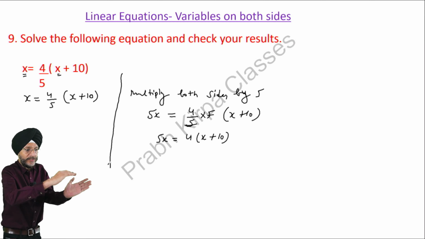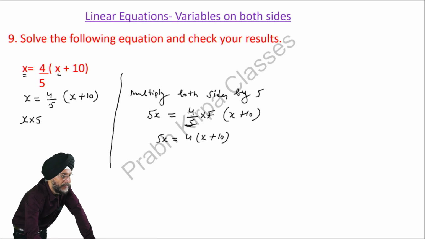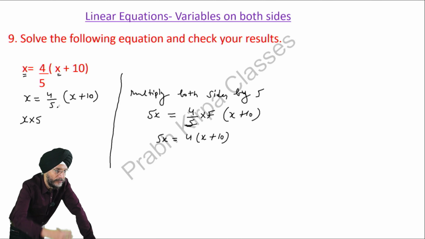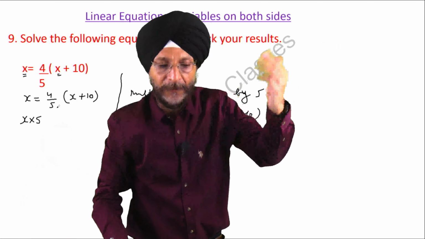Or we can simply take this 5 to the other side. When we take this 5 to the other side, it will be multiplied, because here it is on the lower side, and when it goes to the other side, it goes on the upper side.